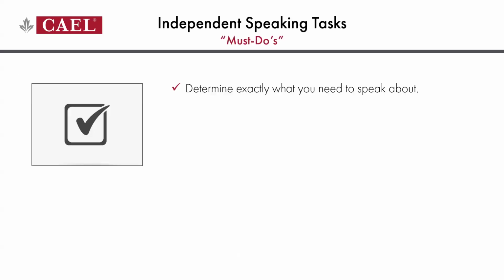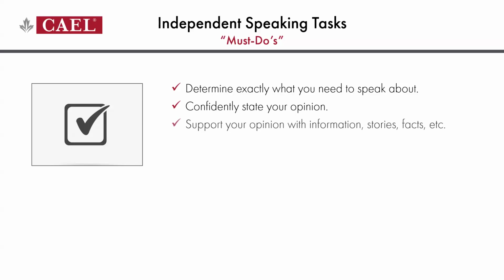Anyway, whatever you're doing across all of CAEL, the must-dos, we'll call them, for your independent speaking: you have to, of course, read your question quickly and understand exactly what you're talking about, because there's not a lot of time to prepare. Whatever your own opinion and ideas are, you should be backing them up with stories or facts that make sense. Definitely base your answers on your own life experience and knowledge.